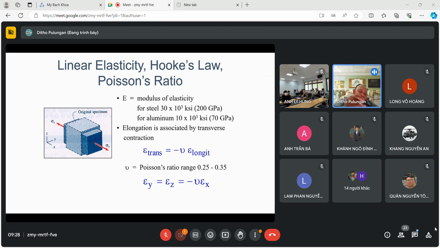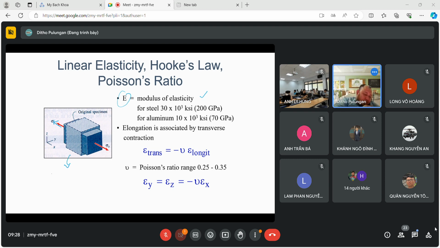In Hooke's law, E is the modulus of elasticity. Elongation is associated with transverse contraction. So when you have a cube and you pull it like this, it will elongate in the x direction, but it will shrink in the y and z directions. This is called Poisson contraction.